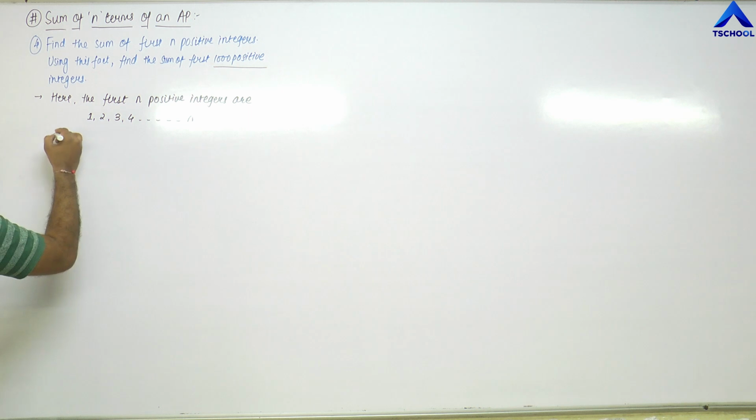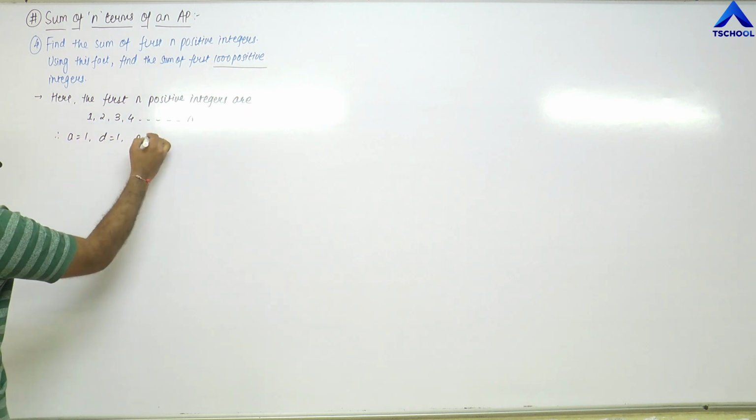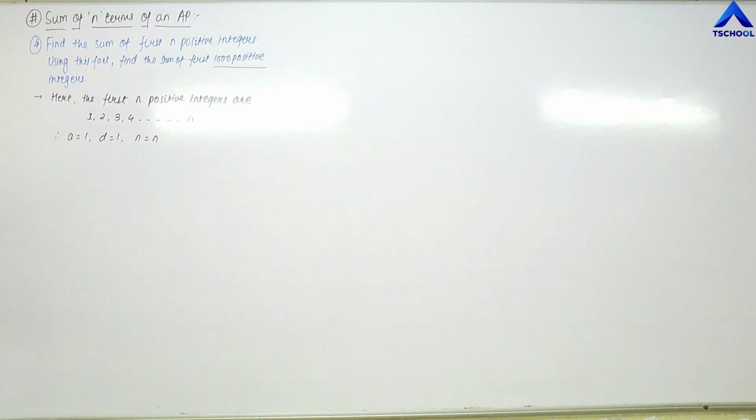Now therefore a equals to 1, d equals to 1, and we know that n is equal to n, because there are n terms and the formula also has n terms.